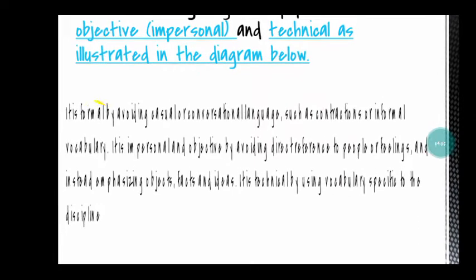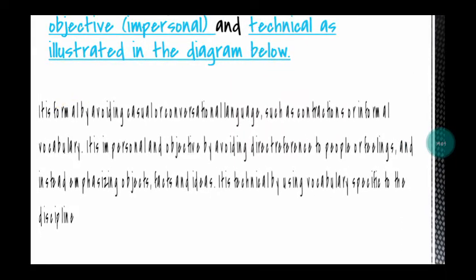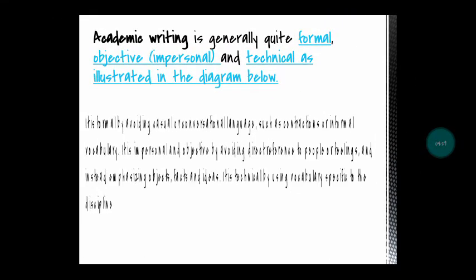It is formal by avoiding casual or conversational language such as contractions or informal vocabulary. It is impersonal and objective by avoiding reference to people or feelings and instead emphasizing objects, facts, and ideas. It is technical by using vocabulary specific to the discipline.